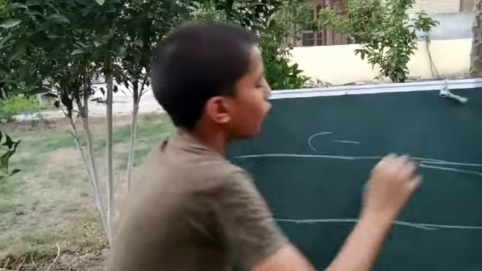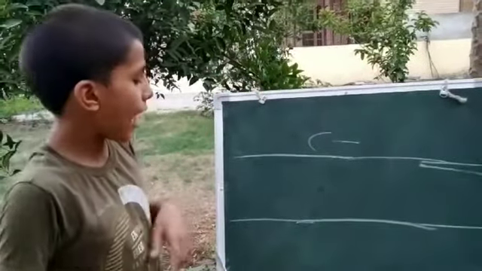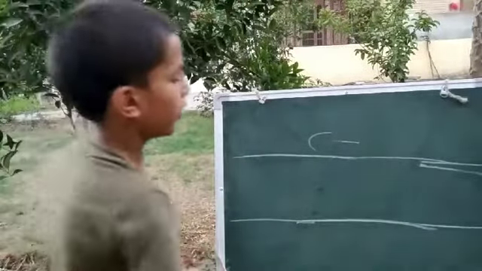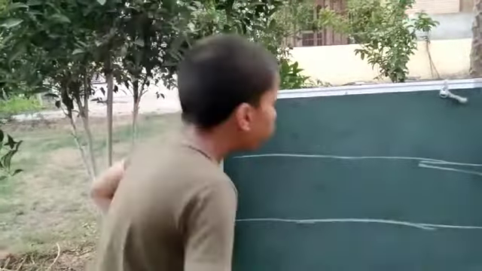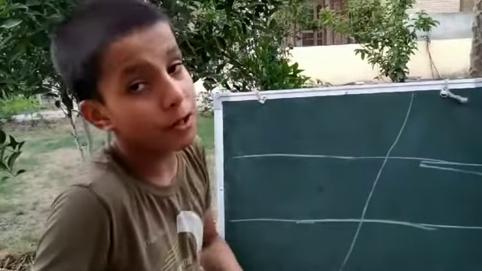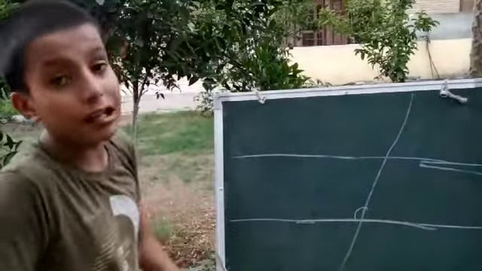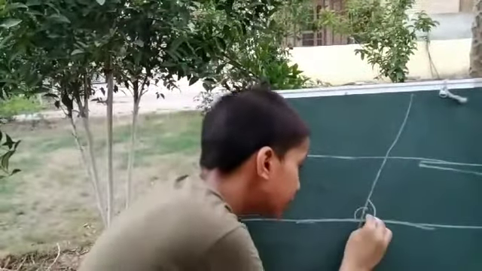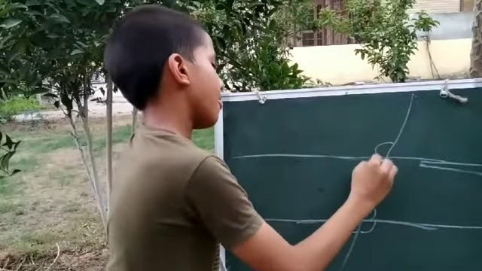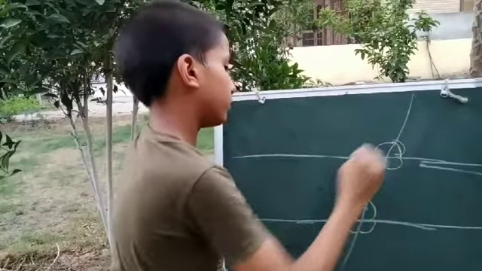And when this line is not intersected, there is no angle here in both of the parallel lines. So when this line comes, now there is a formation of eight angles. Okay, so that will be like this.